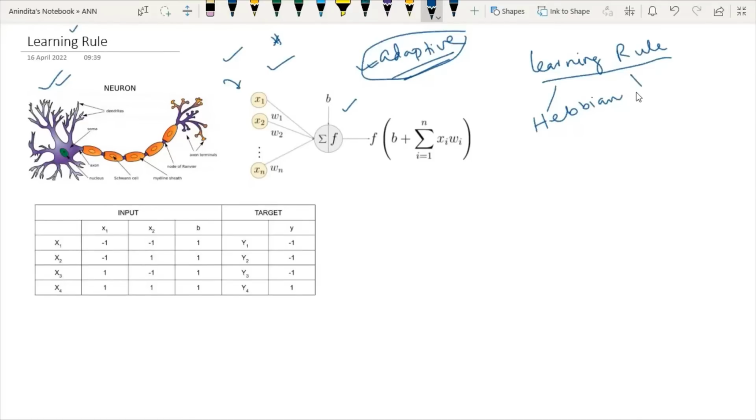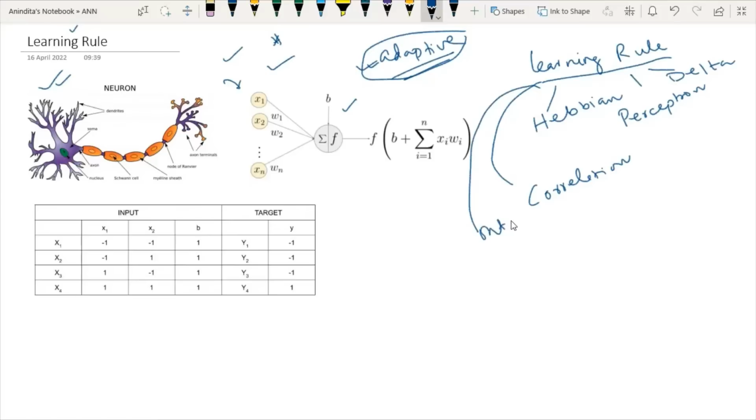The second very popular learning rule is known as the perceptron learning rule. And we have the delta learning rule. And nowadays we are talking about two other learning rules. One is known as the correlation learning rule and another one is known as the outstar learning rule.